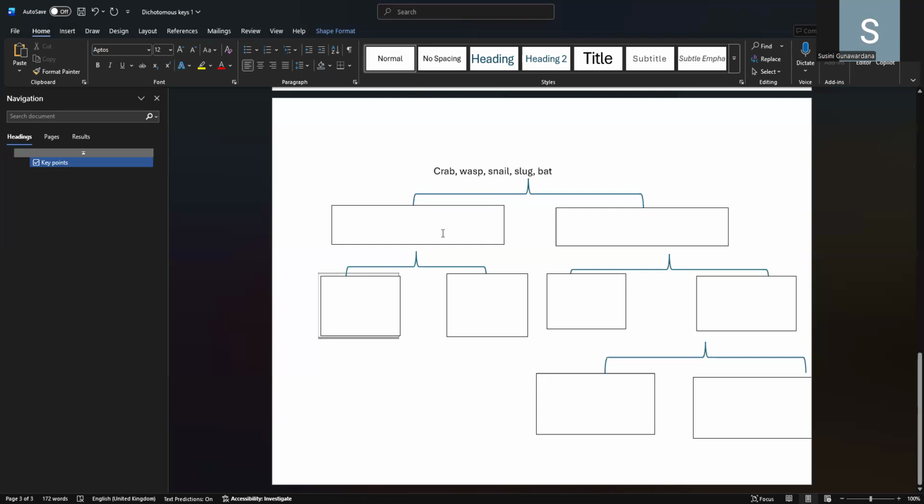I'm dividing this as having a slimy body. Slimy body means moisture. In their body, they have moisture, or a wet body. Who are the animals that have a kind of wet body? Snail and slug.